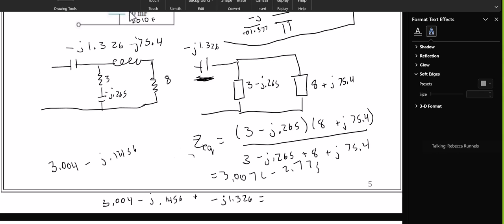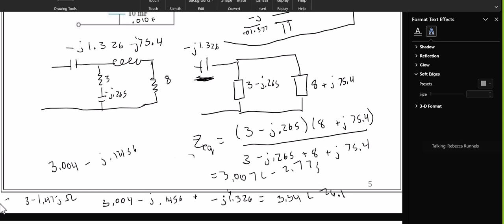Of, as a phasor, 3.34 angle negative 26.1, and as rectangular, it'd be 3 minus 1.47 J. Ohms.